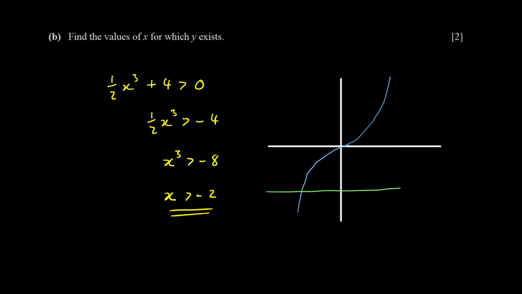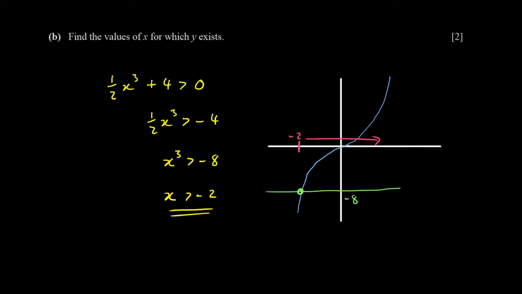Okay, so that's y is equal to negative 8. And so if we want to have the graph being greater than negative 8, then what we require is we have x values that are here, which is negative 2, and to the right, so greater. So if we want x cubed to be greater than negative 8, in other words, if we want to be in this part of the graph, then we require that x is greater than negative 2. Okay?